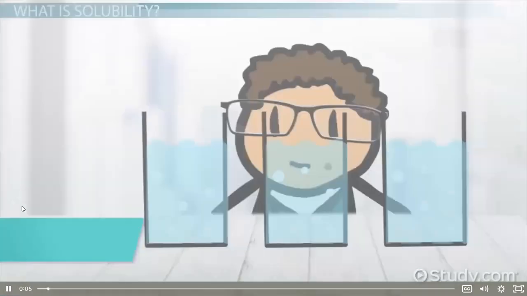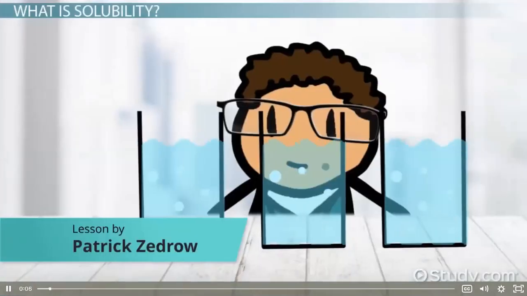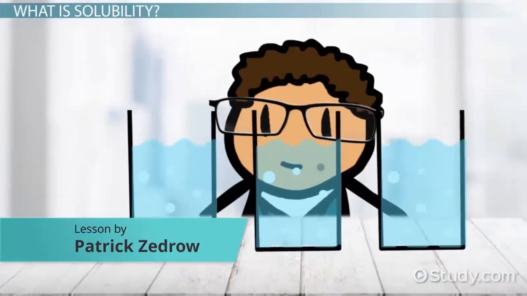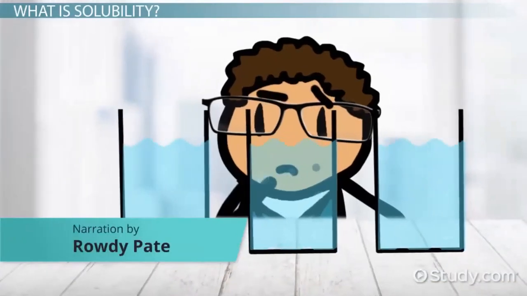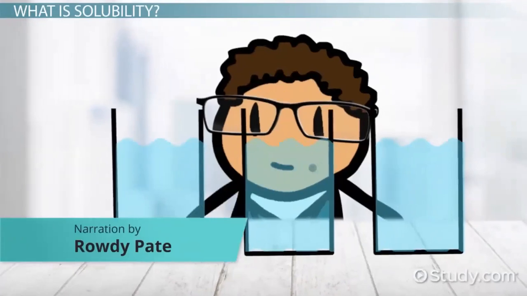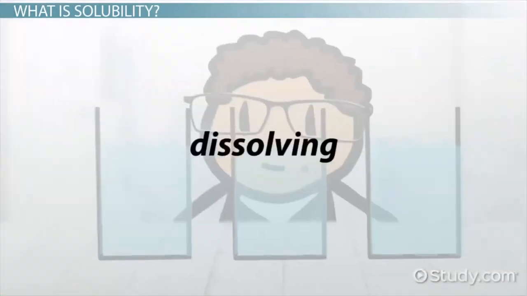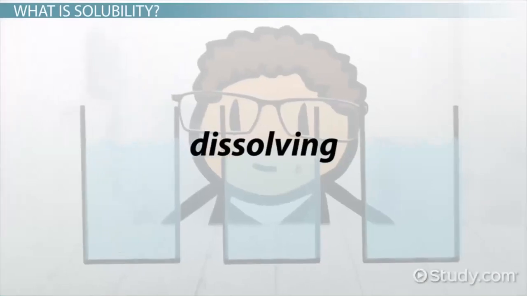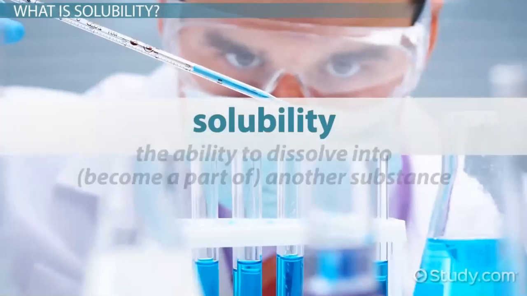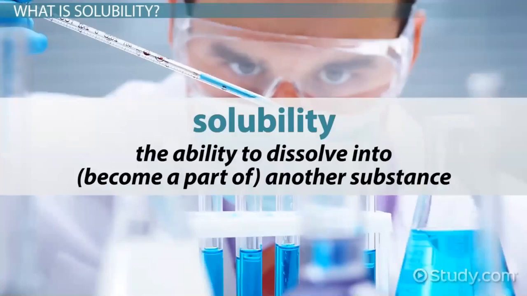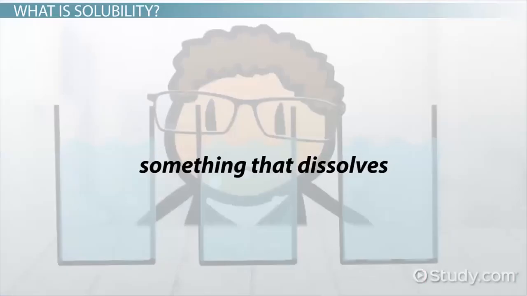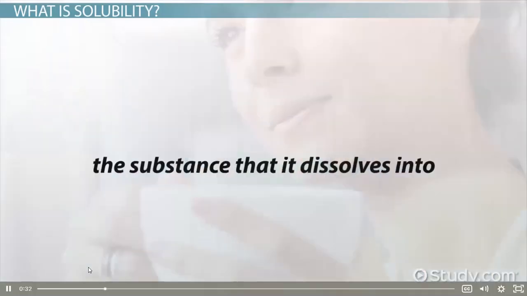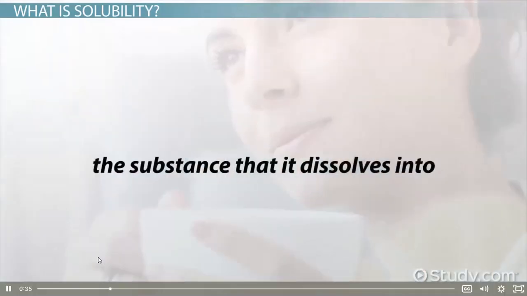Have you ever poured sugar into your tea and stirred it up? Why does the sugar seem to disappear? Well, it's actually dissolving, which means it breaks down and becomes absorbed into the tea. And it does so because it has a chemical property called solubility. Solubility is the ability to dissolve into, or become a part of, another substance. Something that dissolves, like the sugar in our example, is called a solute. The substance that it dissolves into, like the tea, is called the solvent.